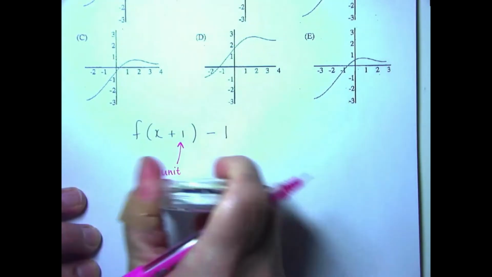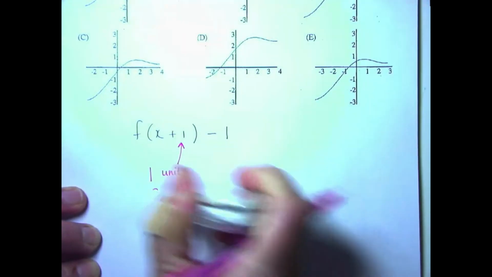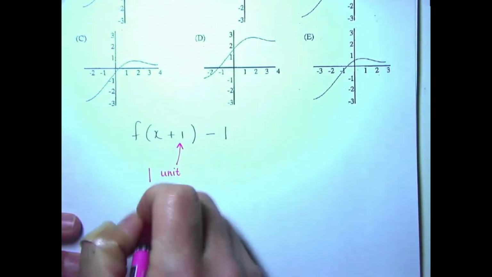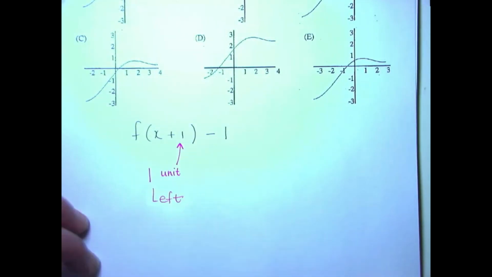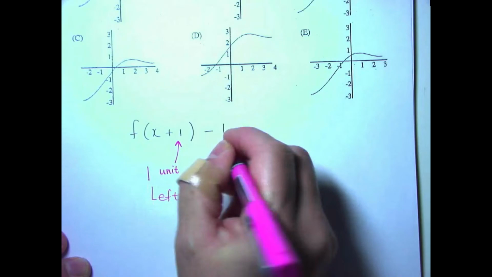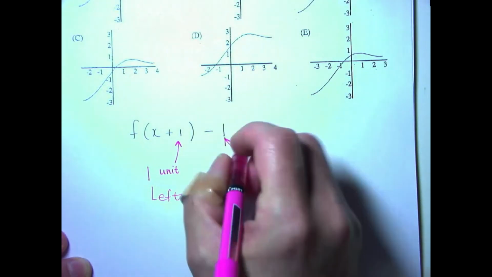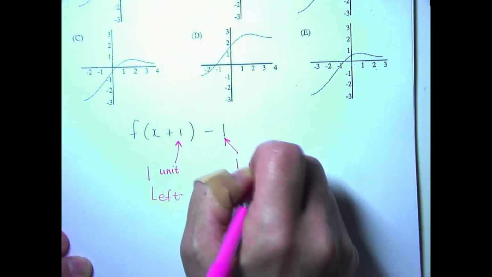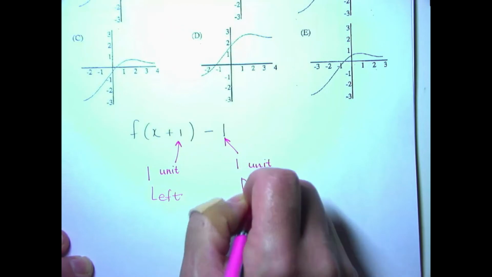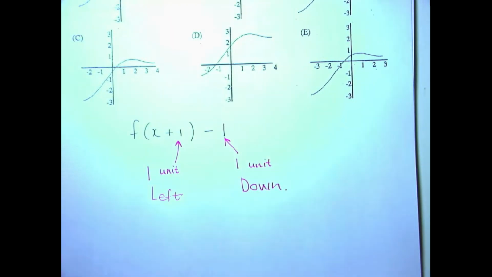Not to the right, to the left. I got it backwards. All right. 1 unit to the left. Whereas the minus 1 over here is going to move my graph 1 unit down. So I'm looking for a graph that has been shifted 1 unit to the left and 1 unit down.